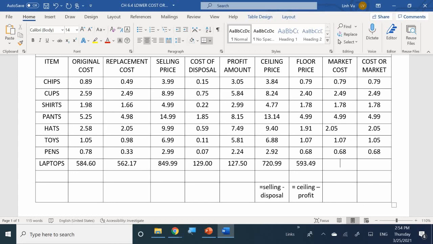The three costs that you're going to compare are 720.99, 593.49, and then the lower one is 562.17. So the 593.49 would become your market price since it's in the middle.